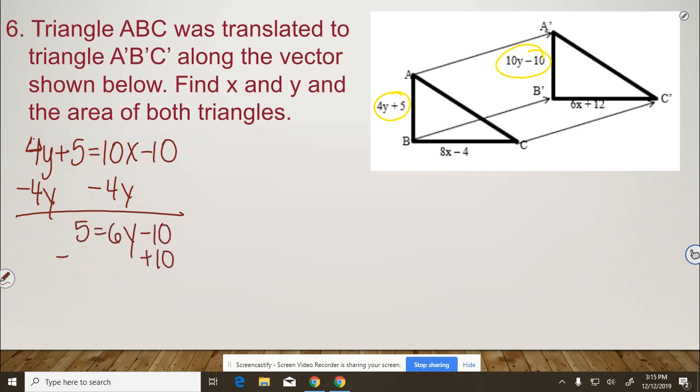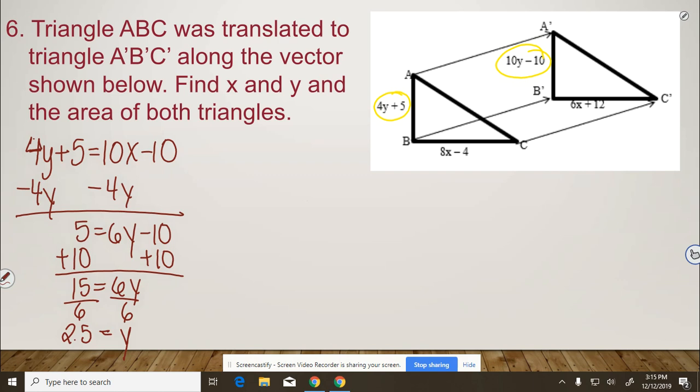We get 5 equals 6y minus 10. We add 10 to both sides. We get 6y equals 15. And then we divide by 6, and we get y equals 2.5.